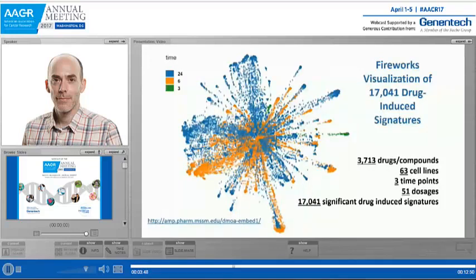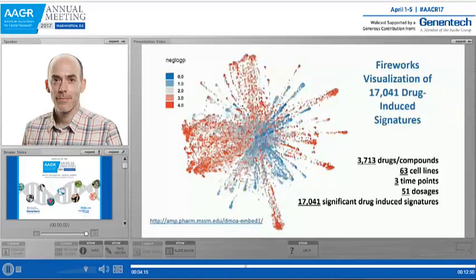Using this fireworks type of plot, we can visualize many of those signatures. Here we are coloring by time point. We have 3,000 drugs, 17,000 signatures, 63 cell lines, 3 time points, and 51 doses. This is a much larger collection, but we also filtered out all of the signatures that were insignificant.